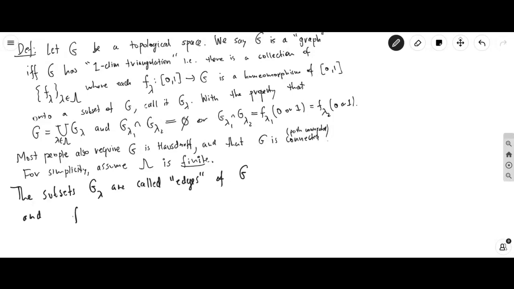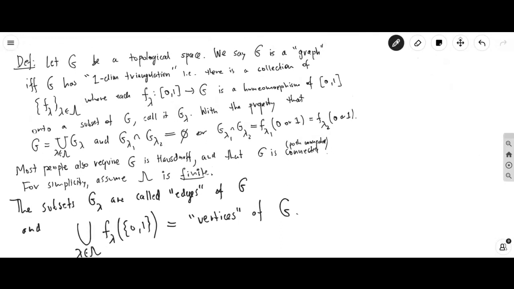And if you take each of these mappings F lambda and evaluate them at the endpoints only, so not on the whole interval, but specifically on the endpoints of the interval, and you take their union, then you call these the vertices of G. Okay, so this is the definition. I know it's very long, but the piece that you really want to pay attention to, the main part of the definition, is really this.